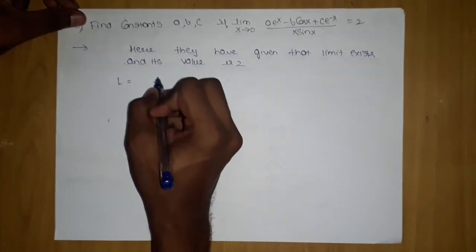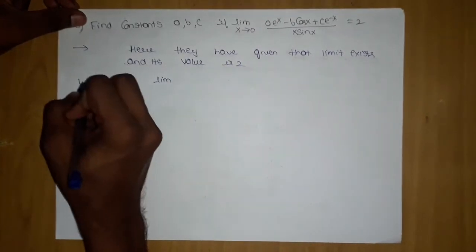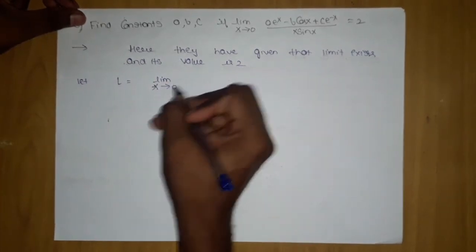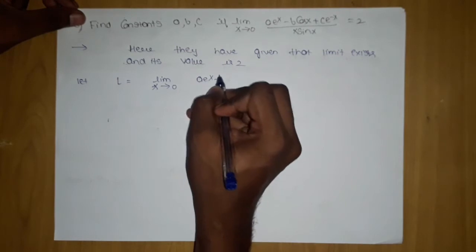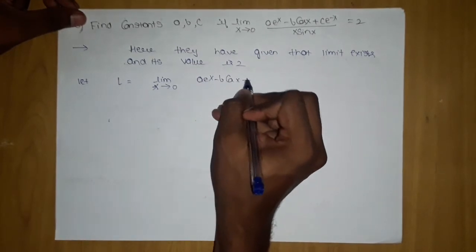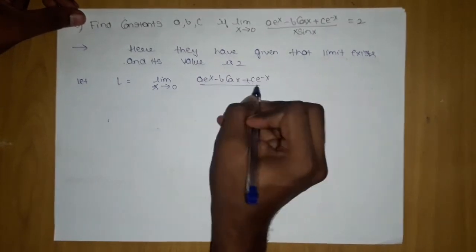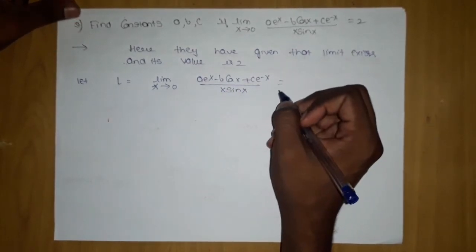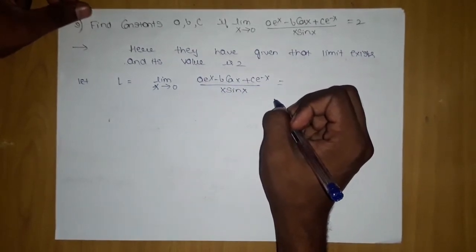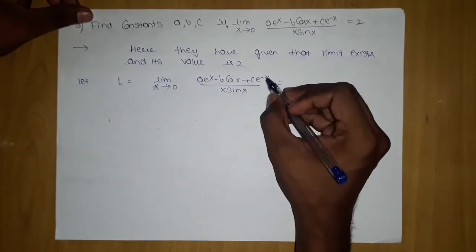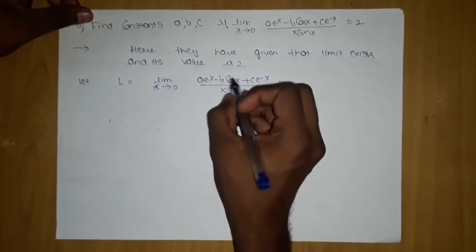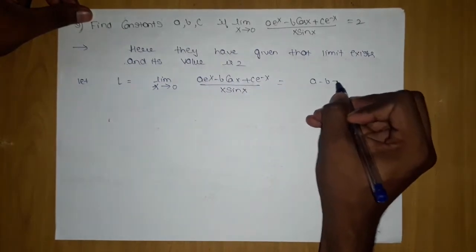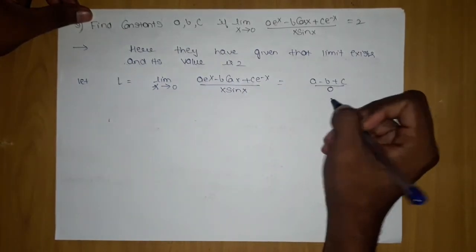Then let L equal the limit as x tends to 0 of a e power x minus b cos x plus c e power minus x, upon x sin x. We will put the value of x equals 0 in the given problem. The moment I put it, this will become 1, this will become 1, this will become 1, we will get a minus b plus c by 0.